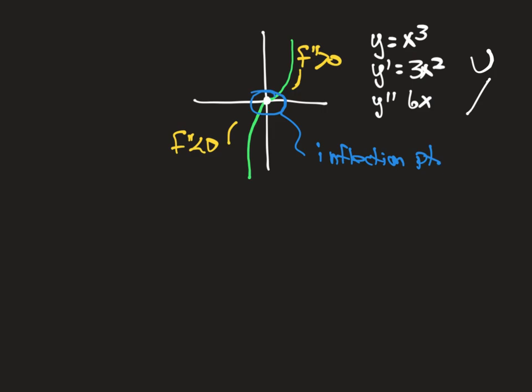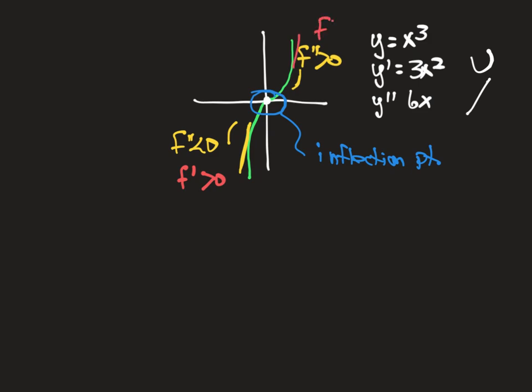But what does the first derivative do? Well, down here, the slope is positive, right? Slope is positive right there. So the first derivative is positive, and over here, it's still positive.